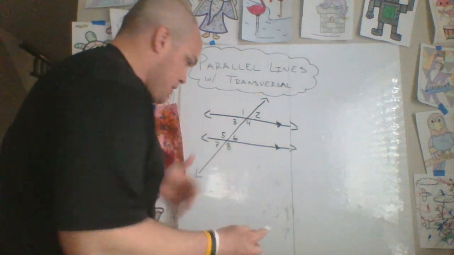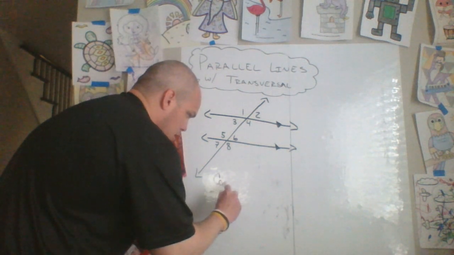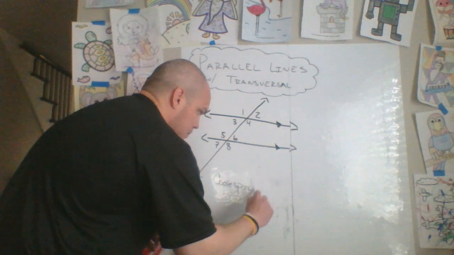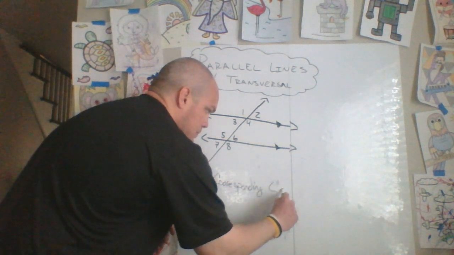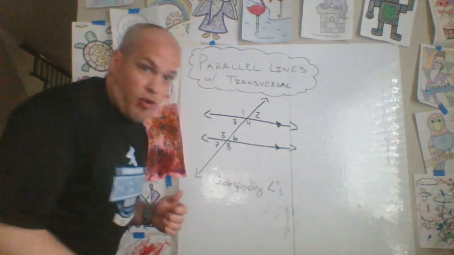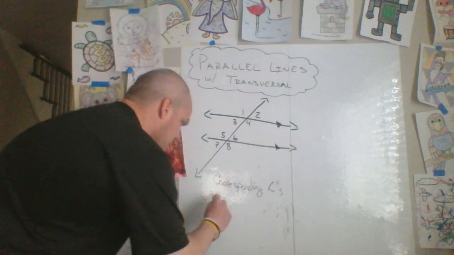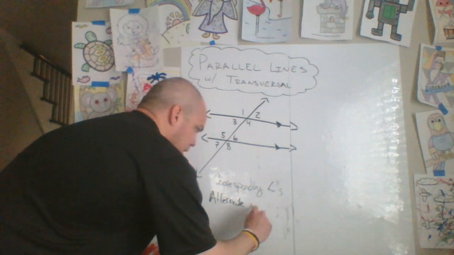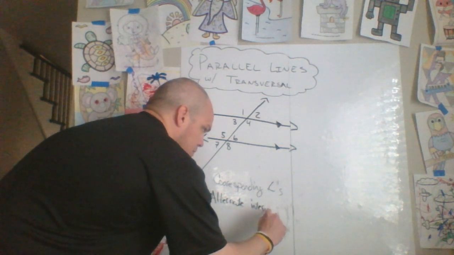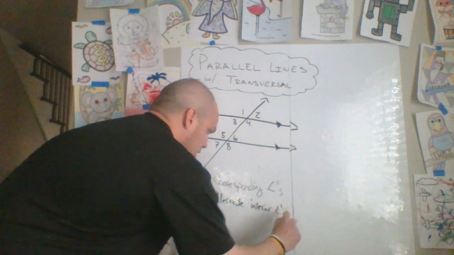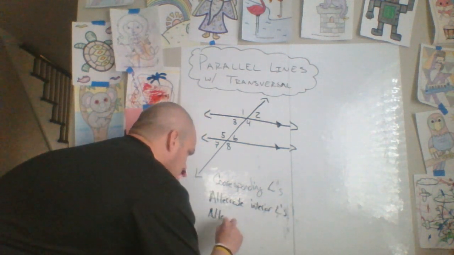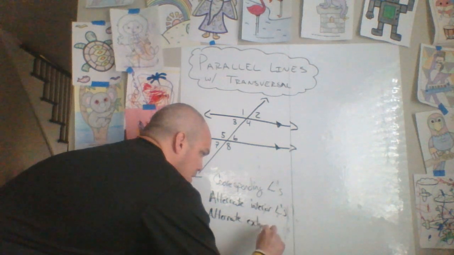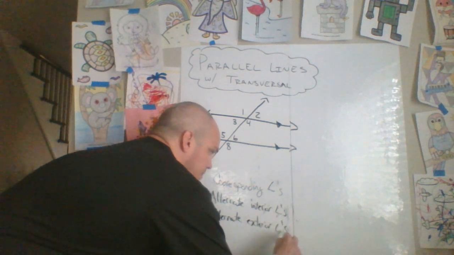Let's go ahead and just write those out. So we have corresponding angles, and here's a symbol for an angle. Corresponding angles. We have alternate interior angles, and we have alternate exterior angles.